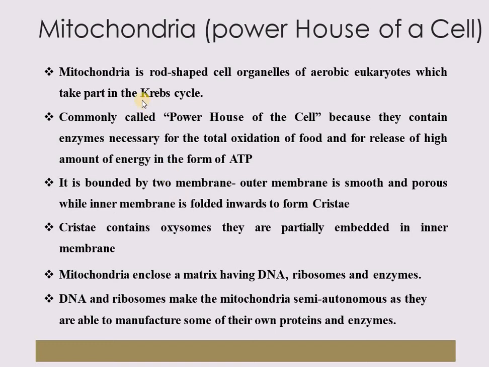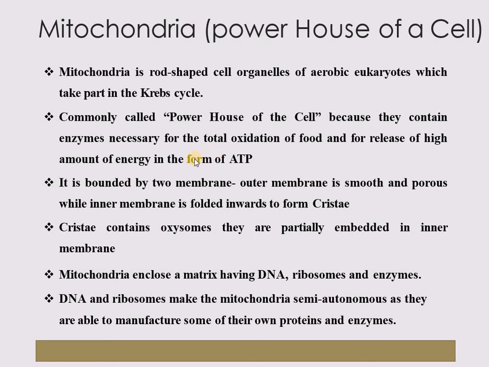So, once again, we just revise. How does the mitochondria look like? It looks like rod-shaped cell organelles and is found in the aerobic eukaryotes, which take part in the Krebs cycle of the respiration process. They are commonly called the powerhouse of the cell because they contain enzymes necessary for the total oxidation of food with the release of the end products, carbon dioxide and water.